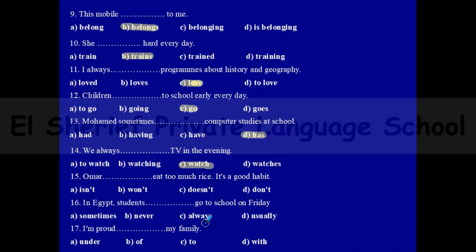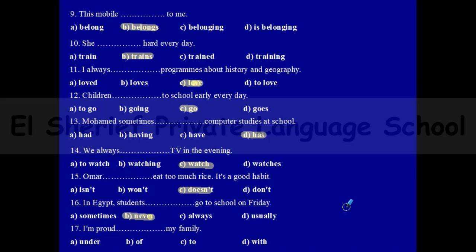Because this is present simple tense, we can say that Umar doesn't. Yes, great. Number 16, in Egypt, students space go to school on Friday. So how often do you go to school on Friday? Of course, it's never. In Egypt, students never go to school on Friday.